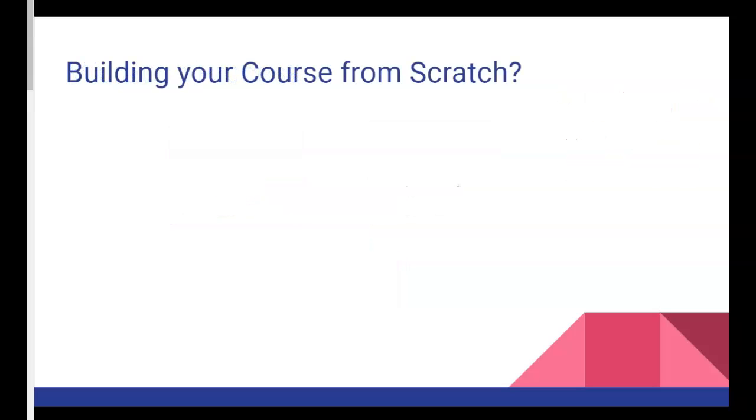If you're not pulling content out of Blackboard, but instead you're building in Canvas from scratch, there's a different procedure. You'll receive a link to this request for shell form along with a copy of these slides and a recording of this session in your email as soon as this recording is available. This link to this form is the only way that online learning knows that you need new space to work with in Canvas.